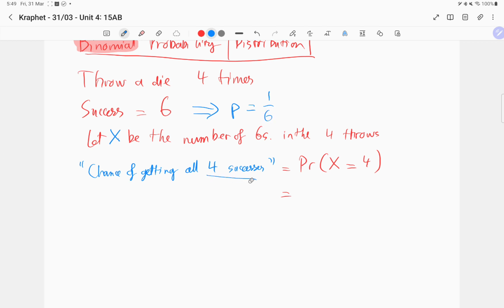So 4 successes means that the first time you throw it is 1 over 6, it is a 6. Alright? Or maybe it might be confusing, I'll change the success to be, if you like, number 3, for example. Okay? So if you bet on number 3, you want all 4 times to go 3, 3, 3, 3.